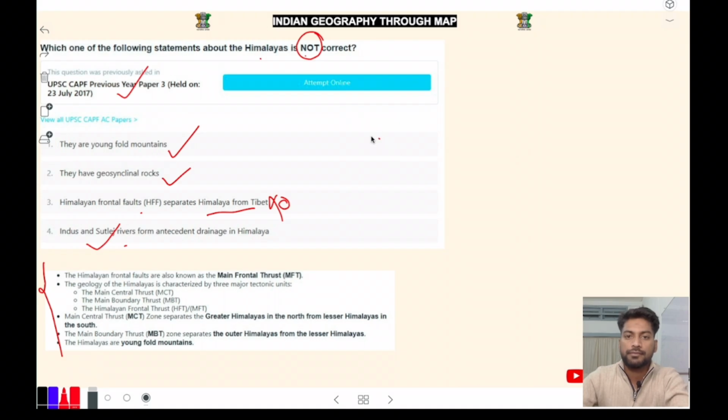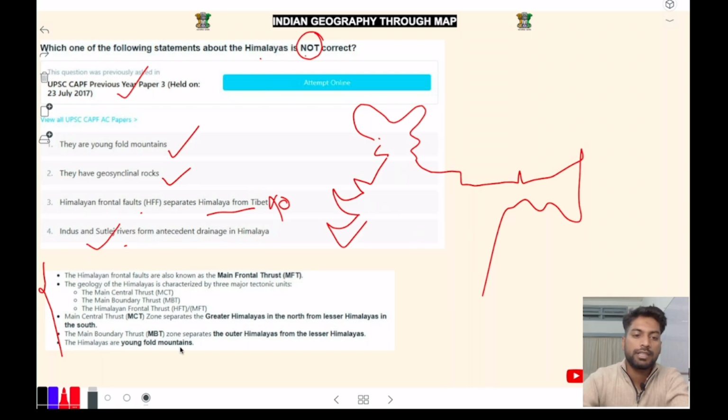Look, if I draw the map again, this is your Greater Himalaya, and after that there is a Lesser Himalaya, and then you see Sivalik. Like that.